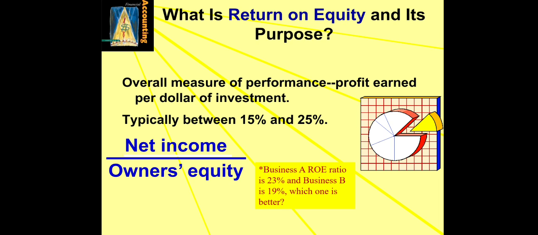Let's say you calculate ROE for a business and you find that the ROE is 10%. The conclusion you have to make is the company is not good in terms of return on equity. 10% is very low.